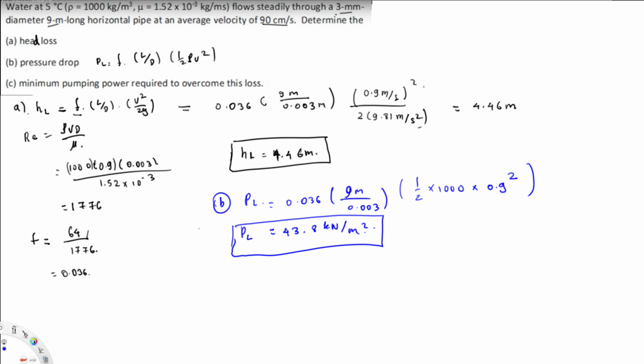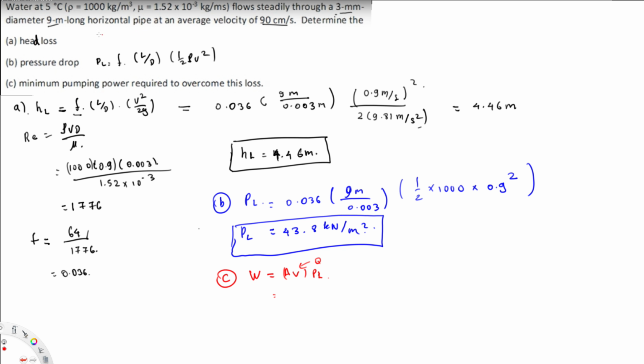The third one is asking for the minimum pumping power required to overcome this loss. This can be calculated by W, where W is the power: A V, this is the volume flow rate Q, times the pressure loss. Area, here it's a pipe, so it's going to be a circle.